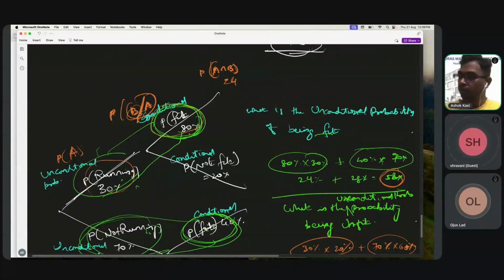Or probability of fitness happening first and running happening second, still it will come to 24% only. The joint probability will remain the same.